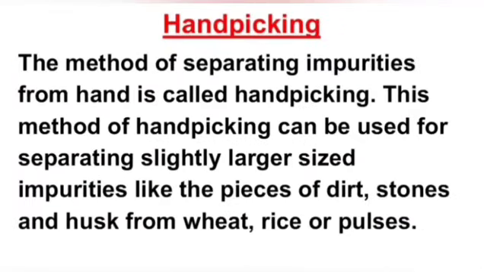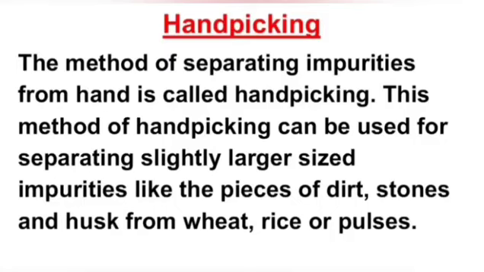Our first method is the hand picking method. The method of separating impurities by hand is called hand picking. Like if we separate the impurities by our hands, then this method of separation is called hand picking.